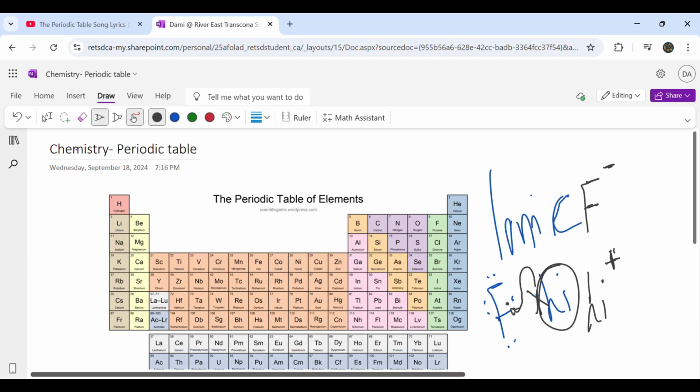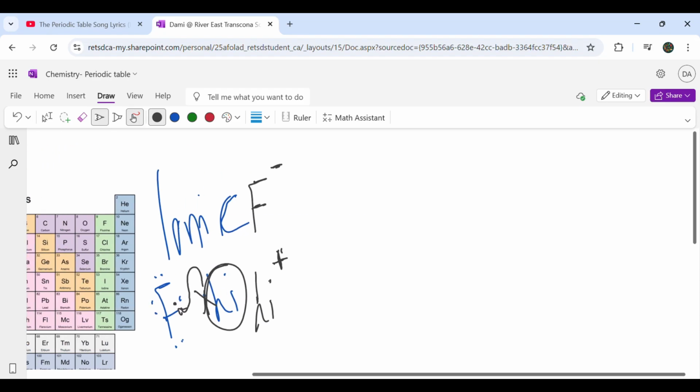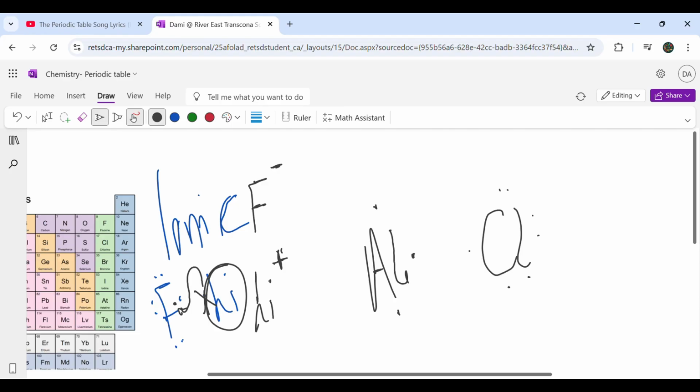For example, let's say aluminium. Aluminium has 3 valence electrons and chlorine has 7. Aluminium is going to give chlorine 1. Chlorine is okay.